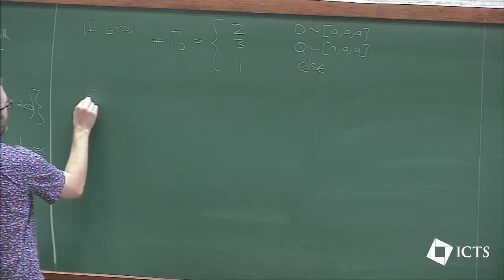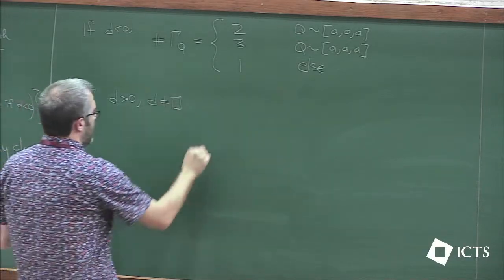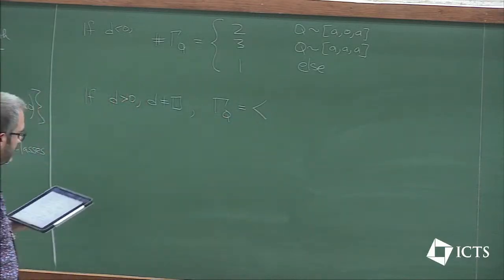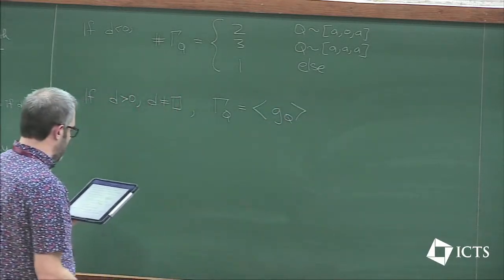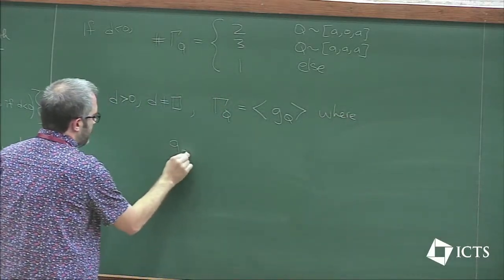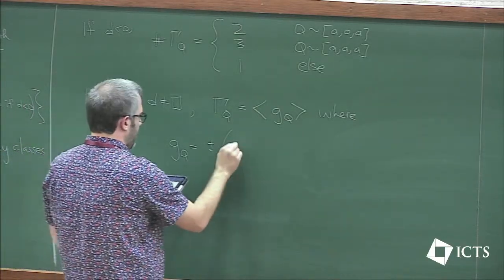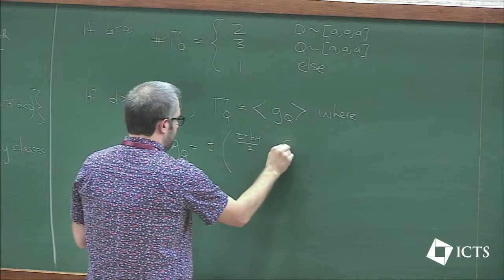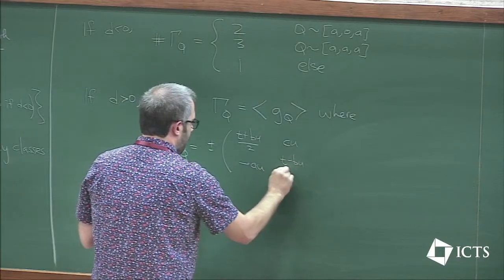Okay, so if d is positive and d is not a square, then Gamma_Q is an infinite cyclic group generated by this distinguished element, which I'll call g_Q, where we can actually write down exactly what g_Q is. It's plus or minus the group element (t plus bu over 2, cu; minus au, t minus bu over 2).